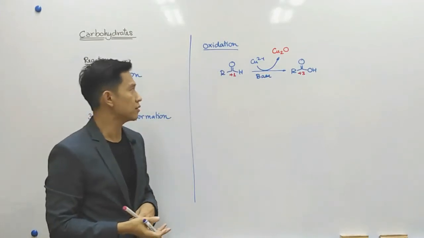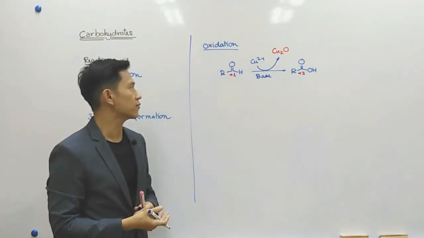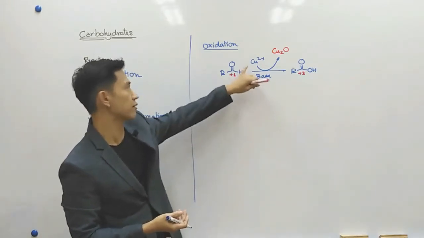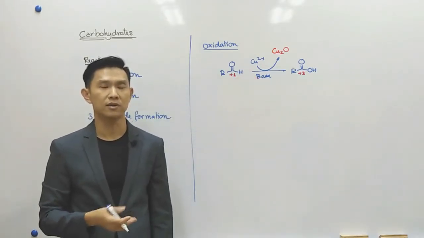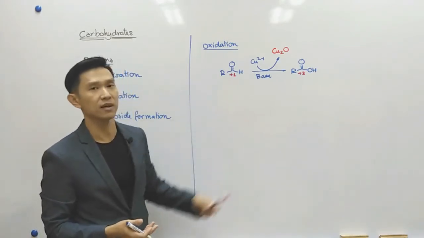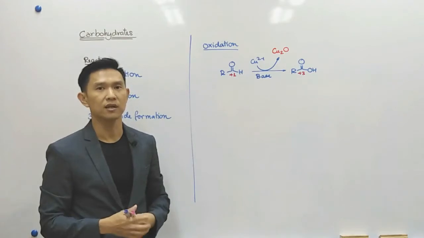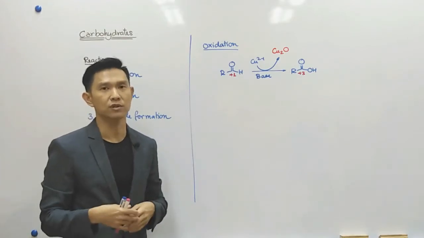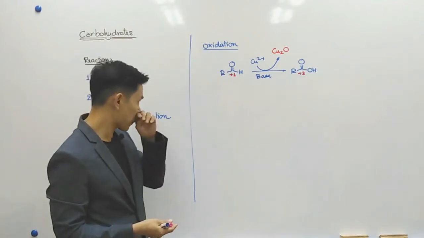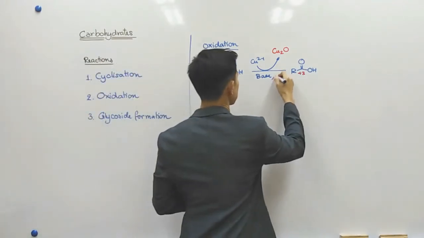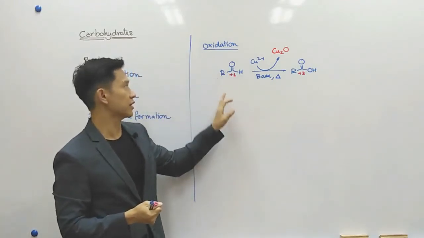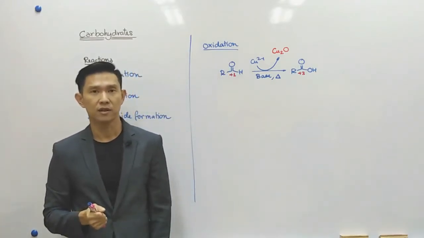You can use several kinds of base, but not sodium hydroxide, because sodium hydroxide will react directly with the copper ion, creating copper hydroxide instead. So for the base, we normally use a salt of a carboxylic acid, and you also need heating as well. So this is the oxidation of the aldehyde.